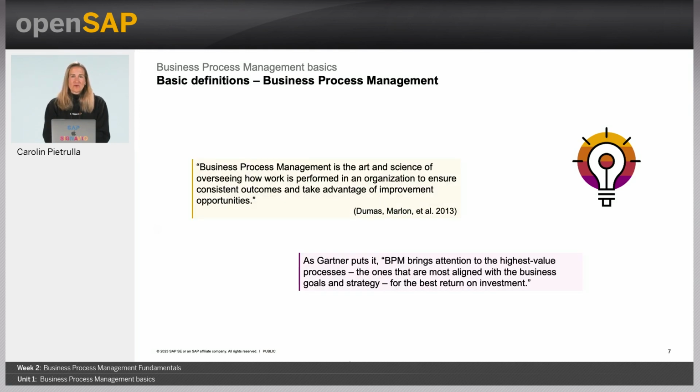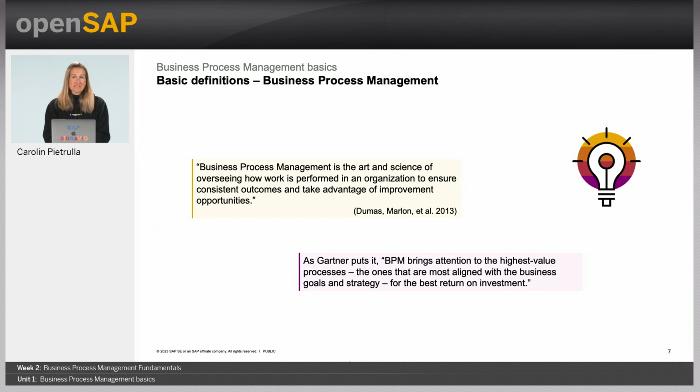Now that we know what a process is, let's take a look at how Dumas and colleagues, the authors of the book, define process management. According to them, BPM is the art and science of overseeing how work is performed in an organization to ensure consistent outcomes and take advantage of improvement opportunities.